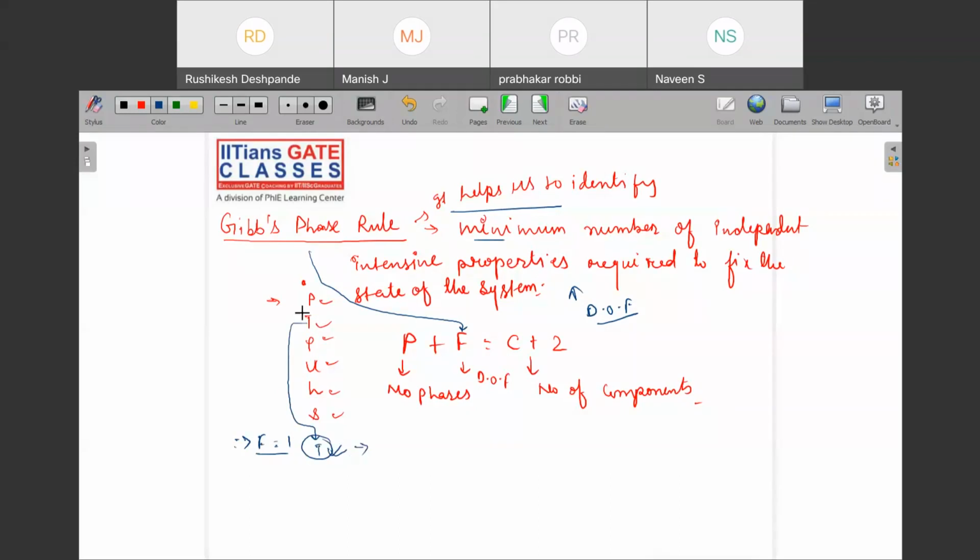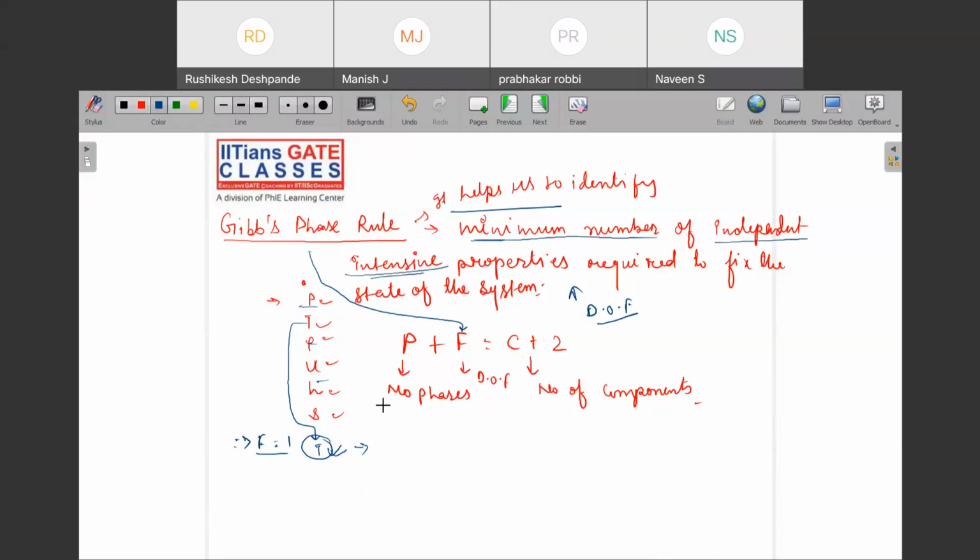Then your system will be completely specified. Why? Because whenever you are analyzing your system, you need to specify what is the temperature, what is the density, and other values. So degrees of freedom helps you to identify the minimum number of independent intensive properties. Mind the word intensive property.